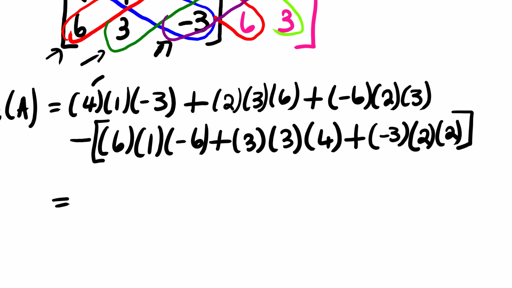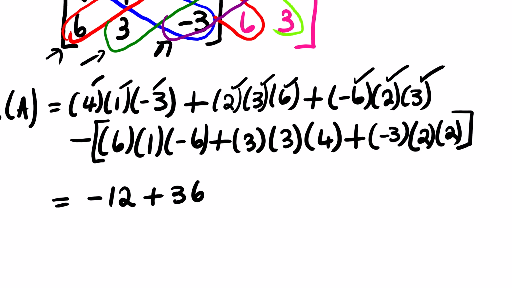So 4 multiplied by 1 multiplied by negative 3, we have negative 12. 2 multiplied by 3 multiplied by 6, we have positive 36. Negative 6 multiplied by 2 multiplied by 3, negative 36, minus our second diagonals.